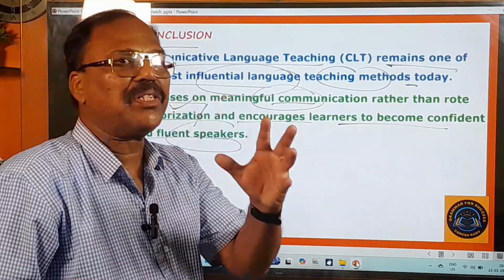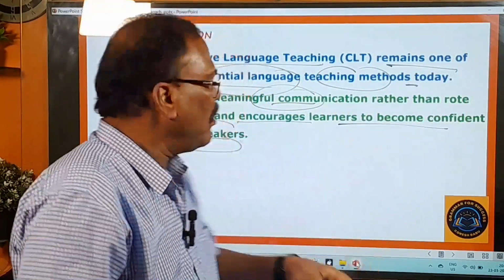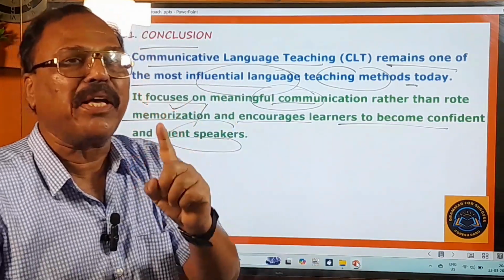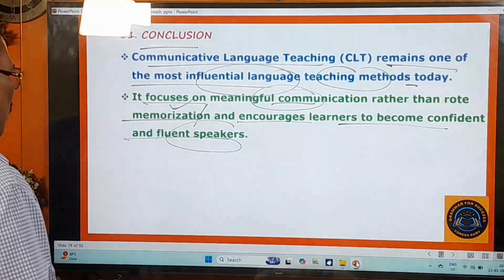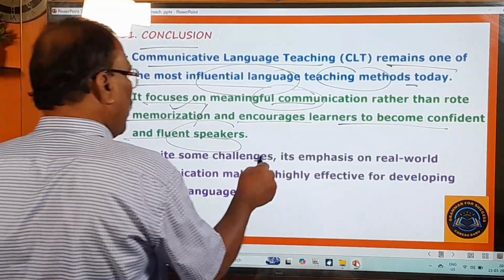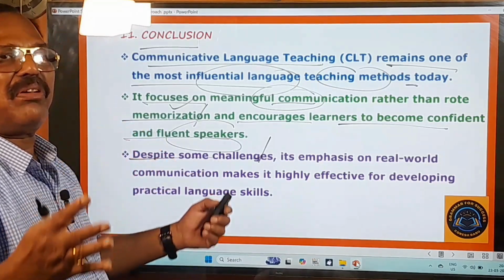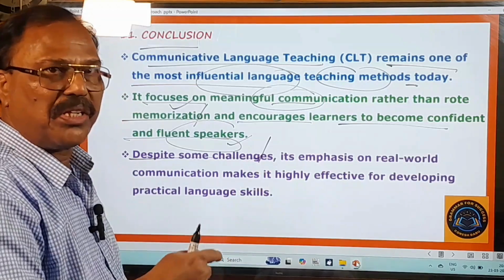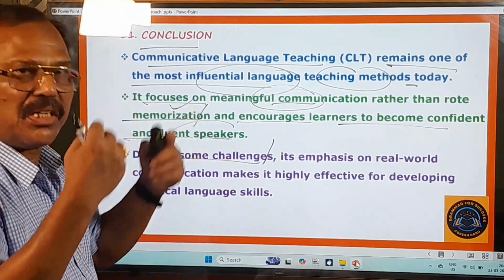Whenever you speak English, you must speak English confidently and fluently. These two are very important, and this communicative language teaching approach will help the students become confident and fluent speakers. Now the last point: despite some challenges, CLT, though it is a wonderful teaching method, has its own disadvantages.